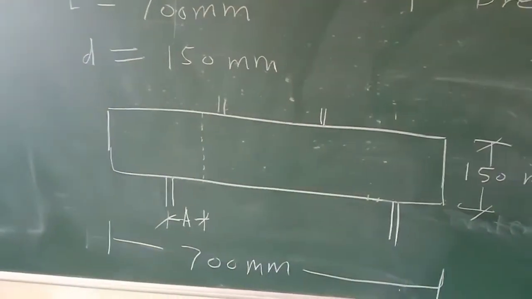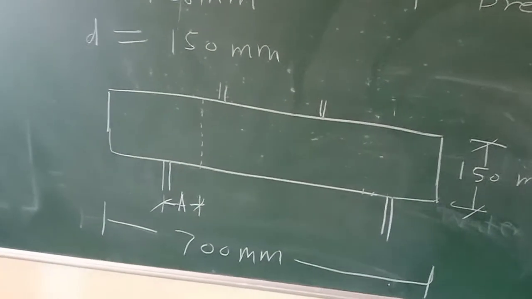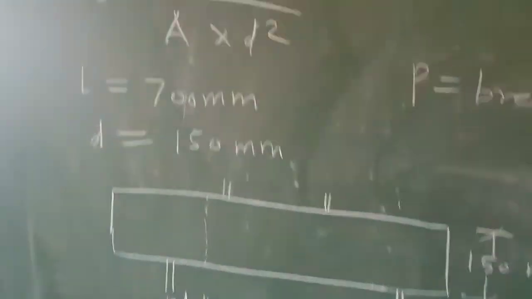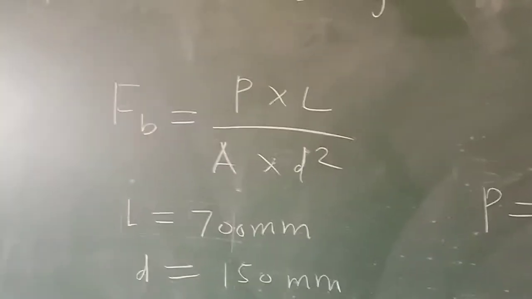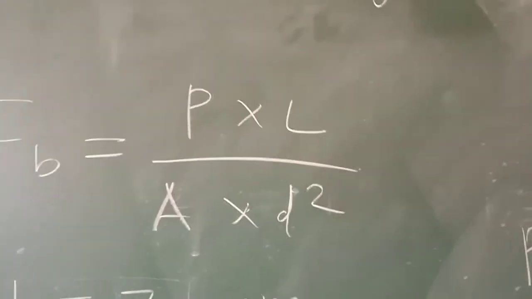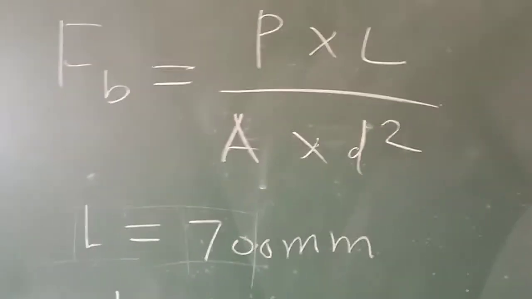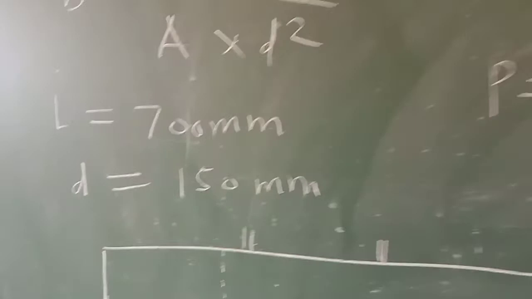If the distance between that fracture line and the nearest support is greater than 20 centimeter, then we use this formula, where P is the breaking load, L is the length of the sample, which is 700 mm, A is again the distance, and D is 150 mm by 150 mm.